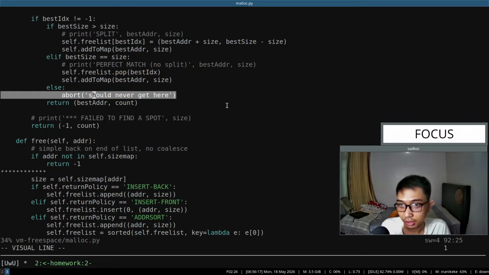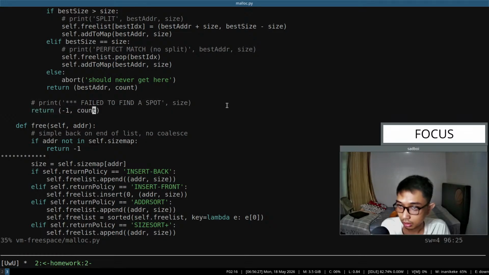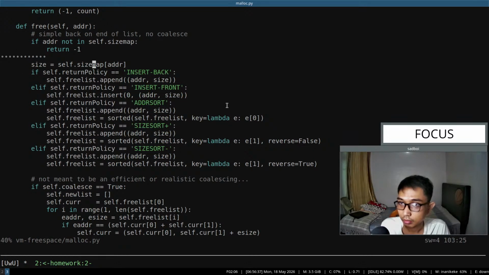That is an interesting error message. Fail to find a spot. Okay. A simple back on and off list. No calls. Append. Okay. Insert. Alright. Yeah.